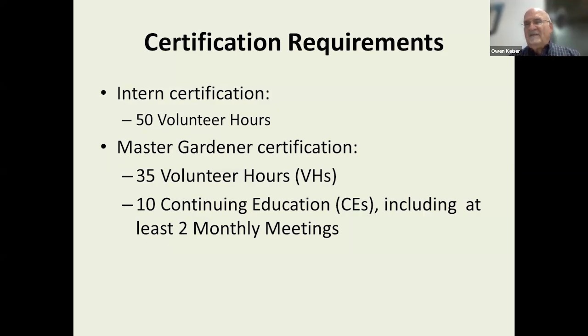When you certify at the end of next December and you become a master gardener as opposed to an intern, then the requirements are only 35 volunteer hours and 10 hours of education, of which at least 2 of those have to be the monthly meetings. They can be all monthly meetings if you want. But there's a lot of classes that you can take. So this period, it's 50, but after you certify, it's 35 and 10.